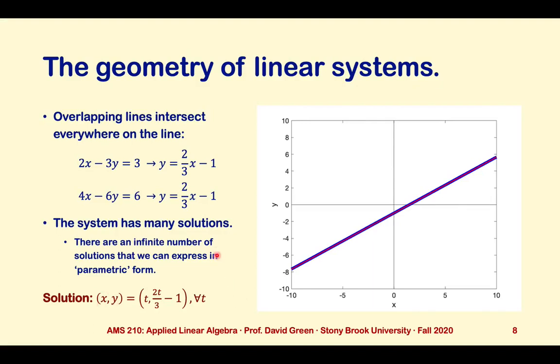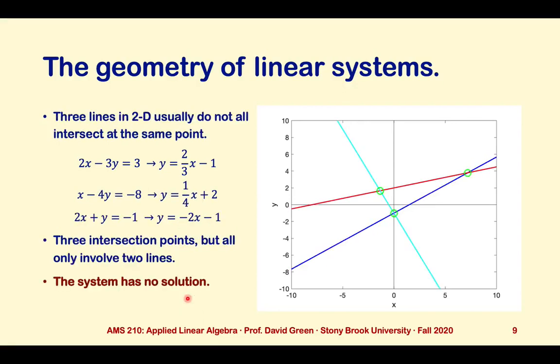One of the easiest ways to do that is to recast the set of solutions as the line we're interested in, y equals 2/3 x minus 1. And then simply say, let x equals t, and y would then be 2t over 3 minus 1, giving us this set of solutions. We'll discuss this parametric form in more detail when we get into actually solving systems and methods for solving them.